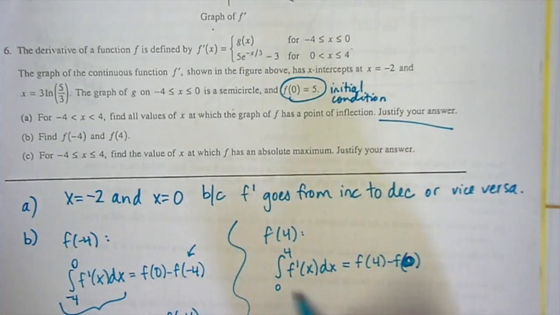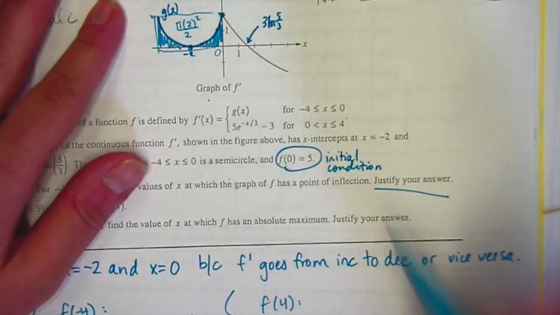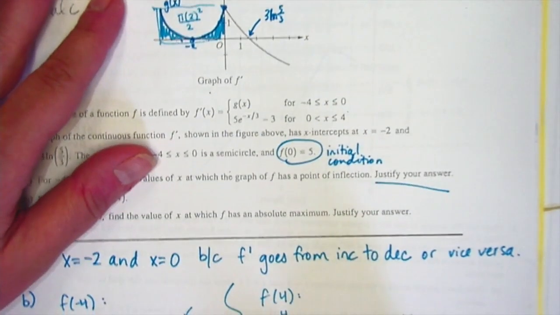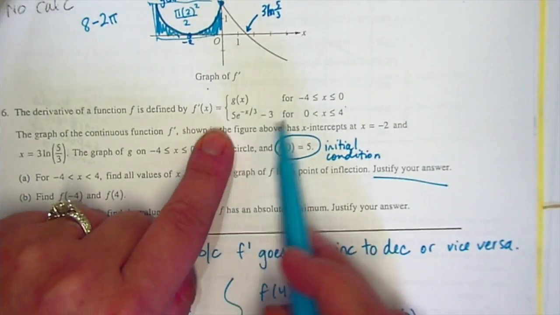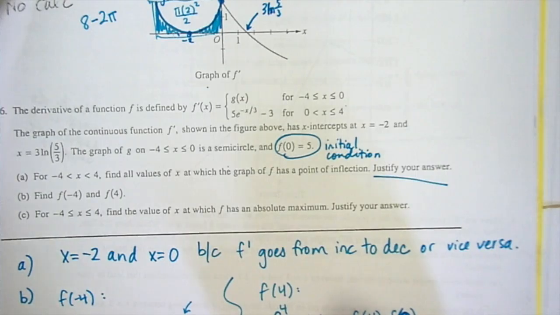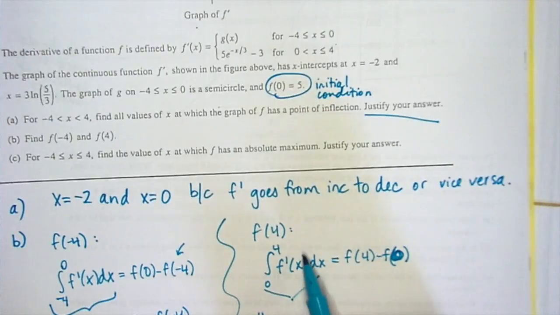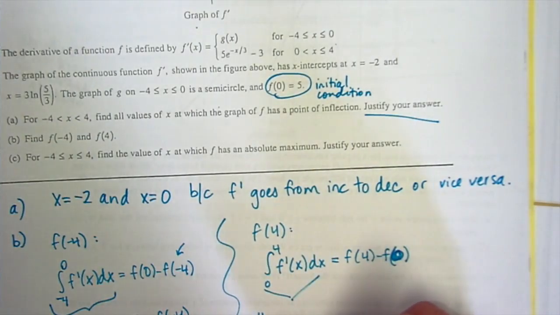But when we calculate this side this time, we actually have to get the value of this integral, from 0 to 4. So I'm actually going to have to integrate this function. So this is going to be a little bit of no fun. But this part, just in and of itself, f of 4, is 3 points. Okay, so that's why it's a little bit harder than the first calculation.